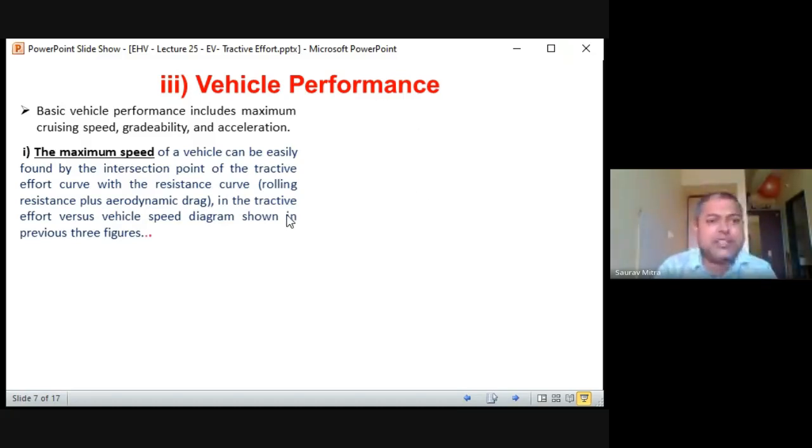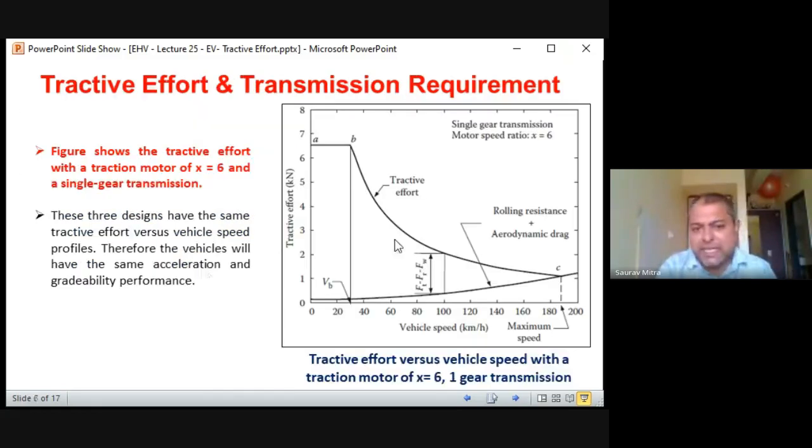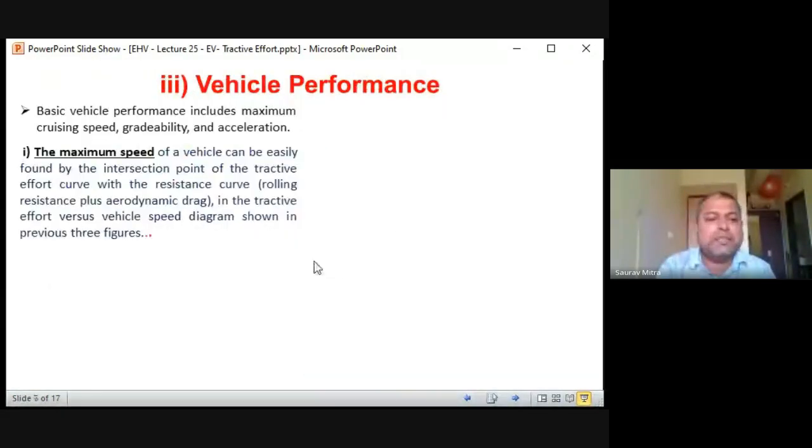Basic vehicle performance includes maximum cruising speed, gradability and acceleration. The maximum cruising speed of a vehicle can be easily found by the intersection point of the tractive effort curve, which is falling, with the resistance curve. Here this is the tractive effort curve and this is the resistance curve, which is increasing. Their intersection point is nothing but the maximum speed.